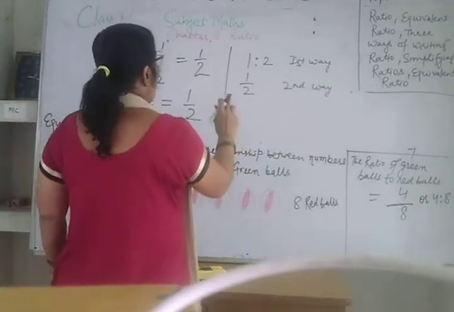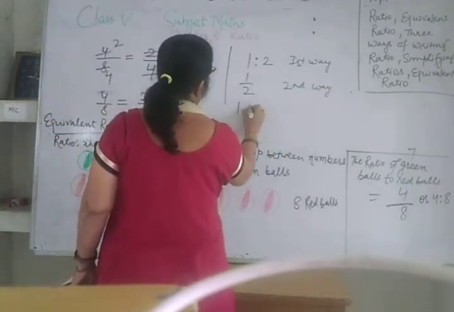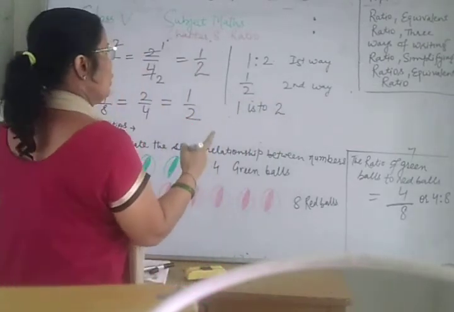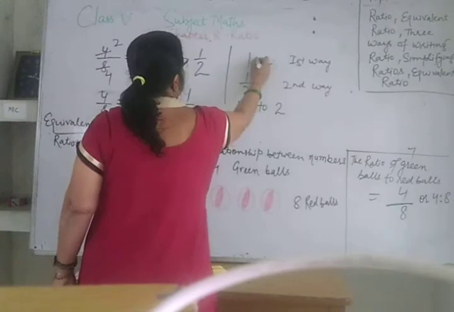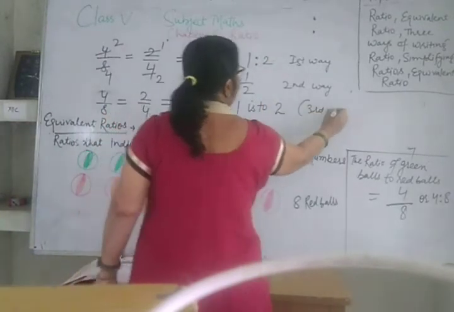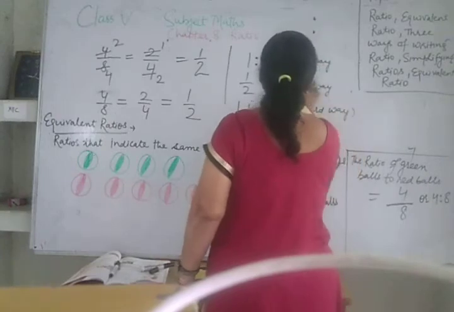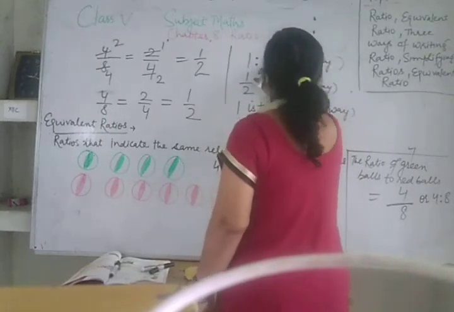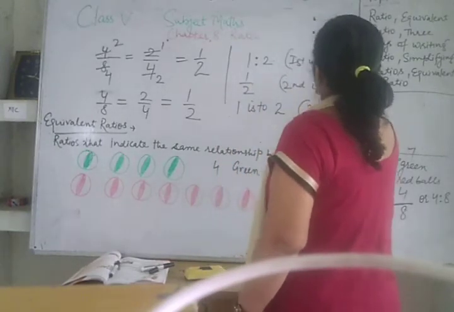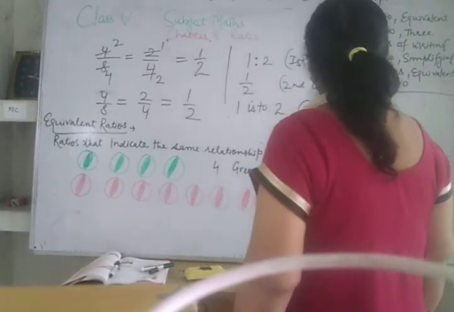And the third way, you can write 1 is to 2 using the ratio symbol. These are the 3 ways of writing the ratio.